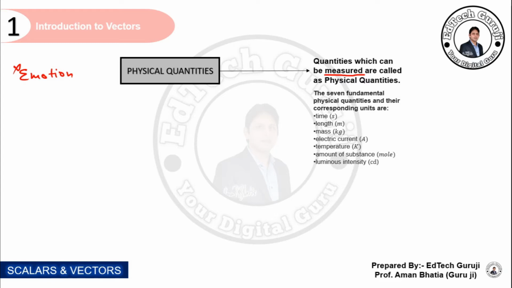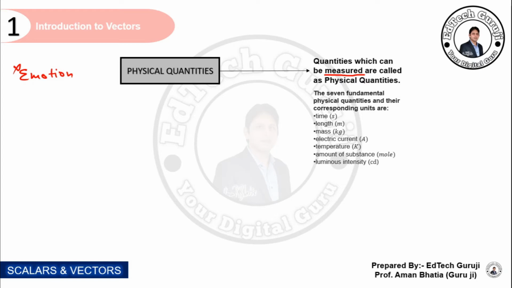So these 7 fundamental physical quantities have 7 fundamental units. Time is given in seconds, length in meters, mass in kilograms, electric current in ampere, temperature in Kelvin. So this is thermodynamic temperature. It is not degrees Celsius, it is Kelvin temperature.